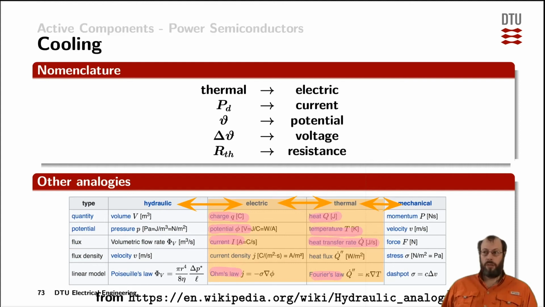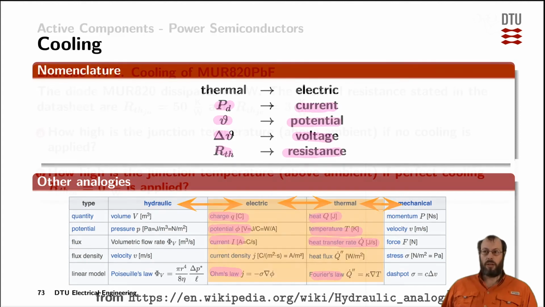Connecting this to the previous slide, the thermal term of power dissipation in watts is equivalently represented by a current. The thermal absolute temperature theta is represented by an electrical potential. The difference of two temperatures is represented by a voltage, and the thermal resistance between two objects is called the electrical resistance in an electrical equivalent diagram.